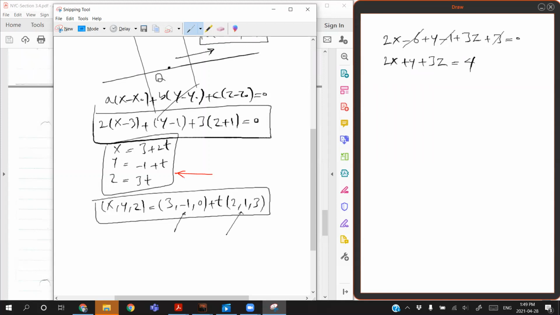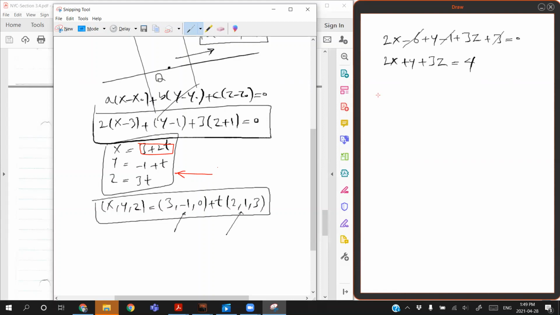So what I can do is plug in this value for x, the next one for y and the third one for z into the equation of the plane, and then find t. That would be the value of the parameter which will generate the point of intersection between the two objects, because it will satisfy both.